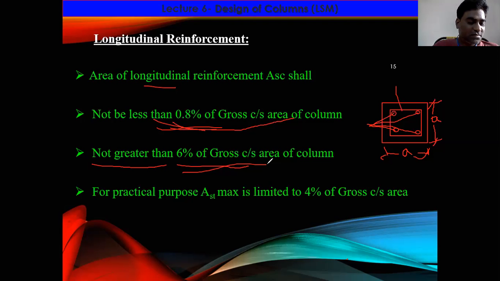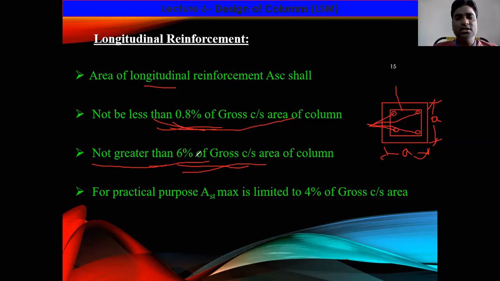The percentage of steel shall usually not exceed 4%. Right? Let me explain. Obviously, IS 456:2000 is recommending that the maximum percentage of longitudinal reinforcement in a column should not be greater than 6%.